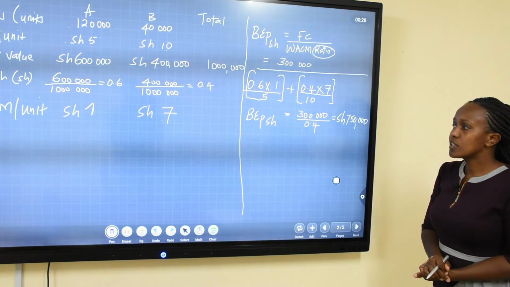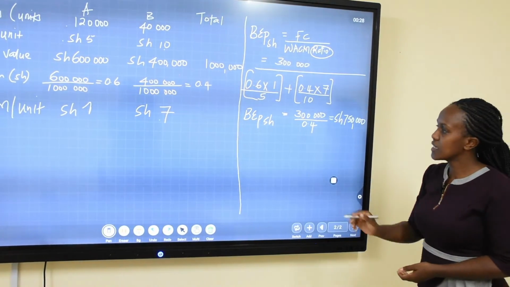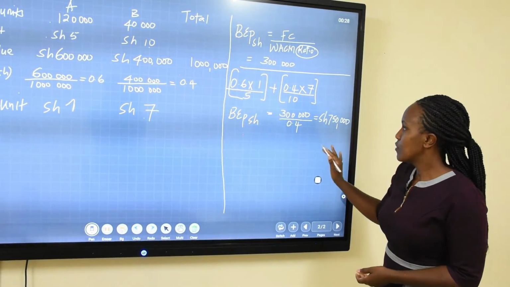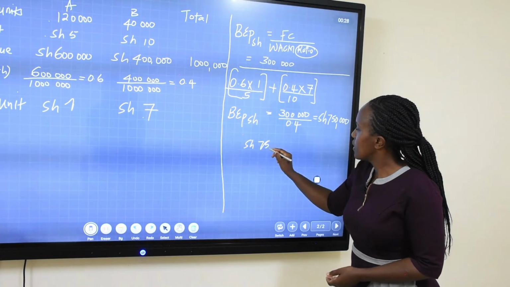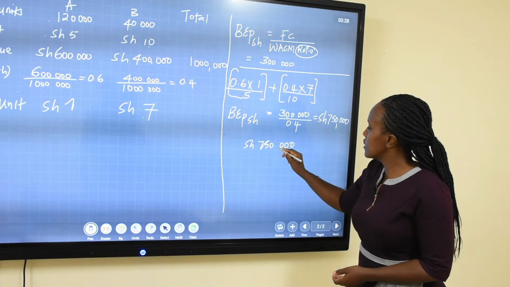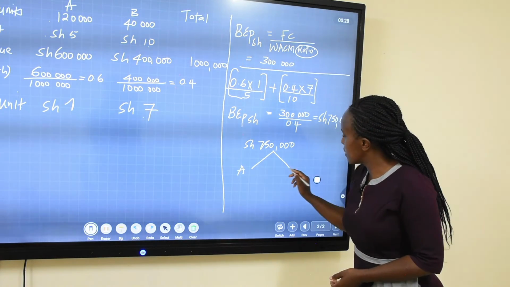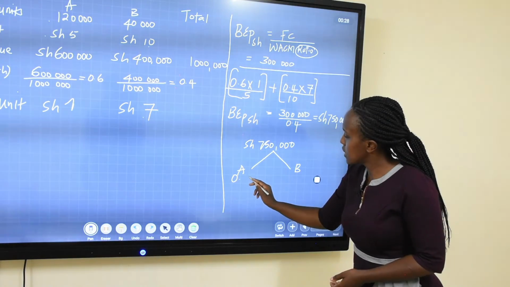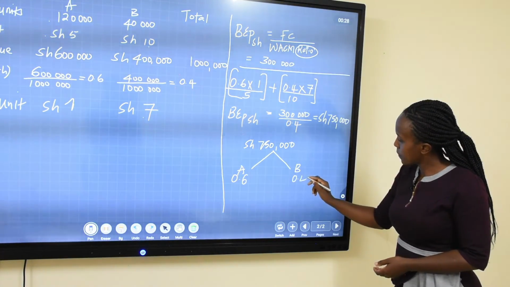Again, we do not now need to get BEP per unit. We just need our figure per product. We just simply need to know that this 750,000 shillings of BEP in shillings, we can simply divide between A and B in their proportion. So this is 0.6, that is the weight, and this one is 0.4.